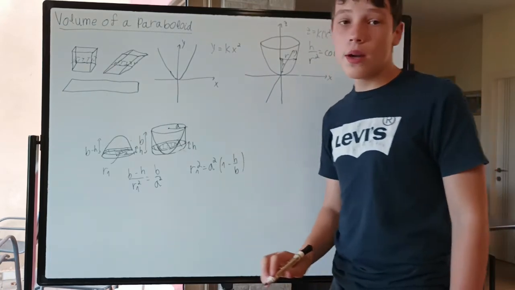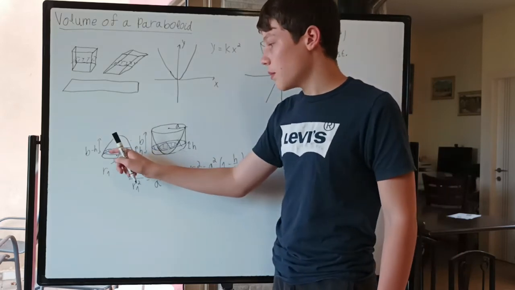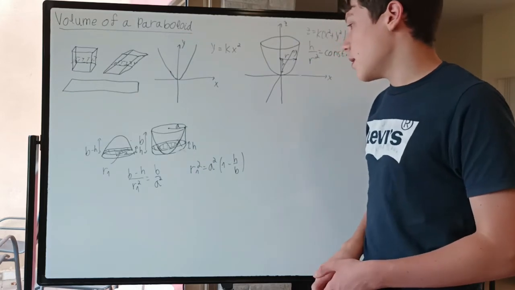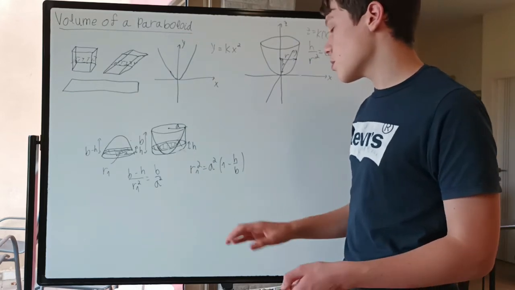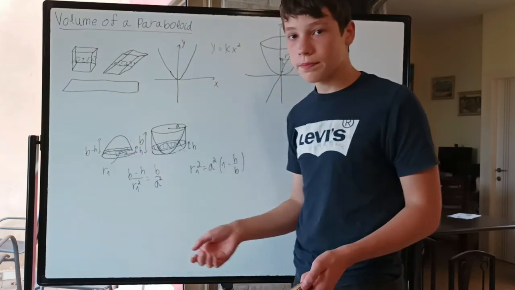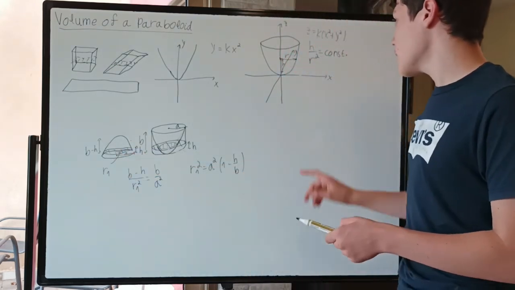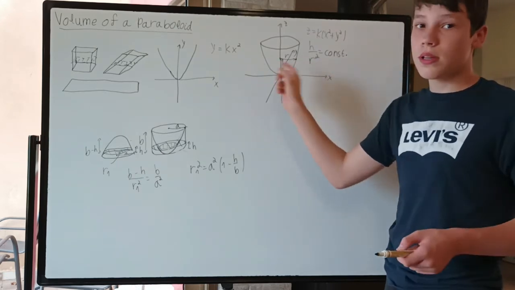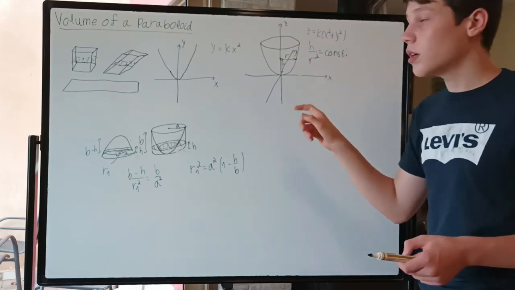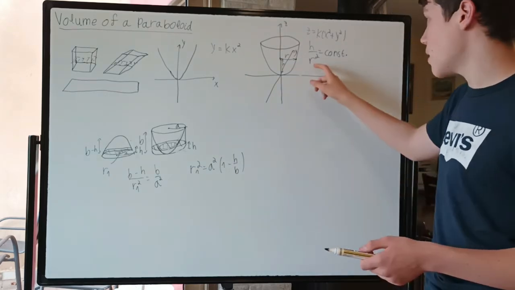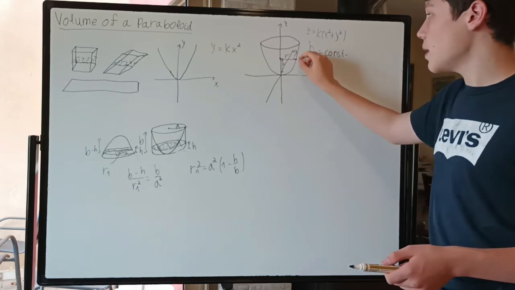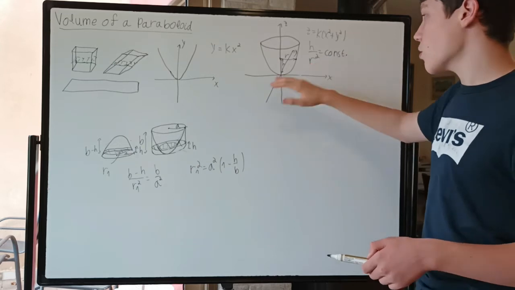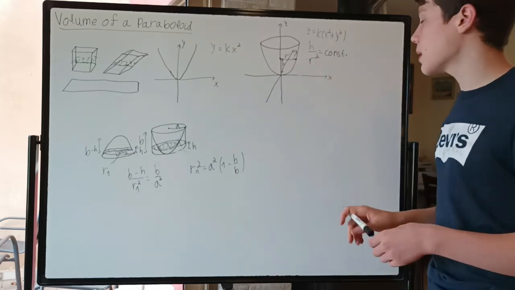And now, because we want the area of this circle, right? So also I should mention that this cross section is a circle, and it's obvious because if we have some point at a distance r, then any other point at a distance r in the same height h will also have to be on the paraboloid from this definition, which will mean that we're making a circle that is parallel to the xy plane.